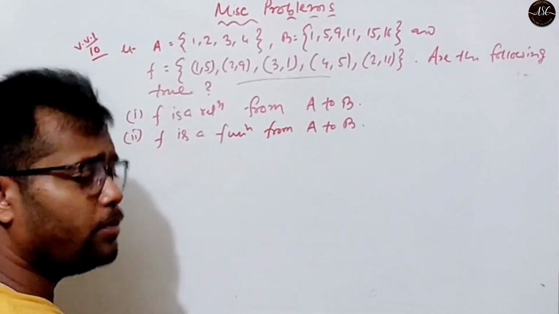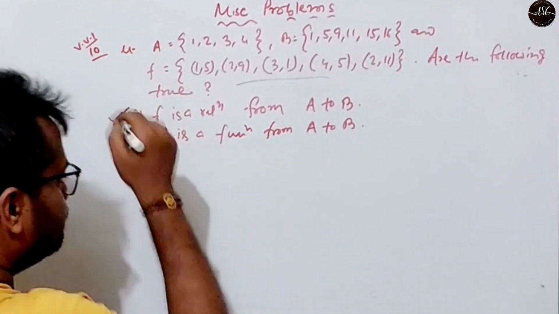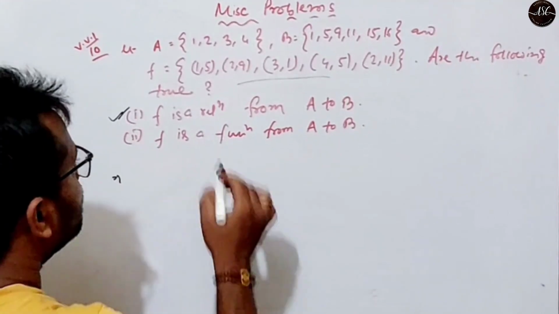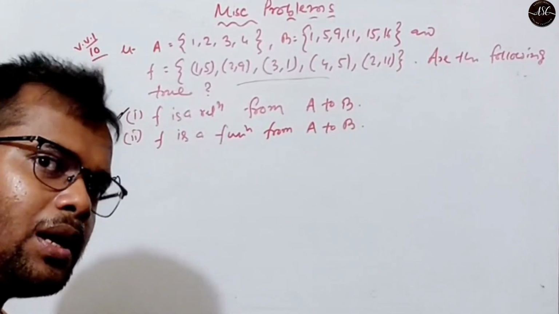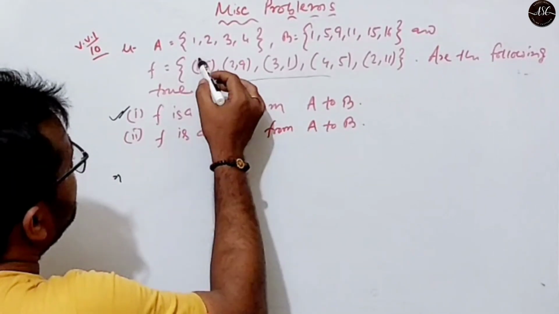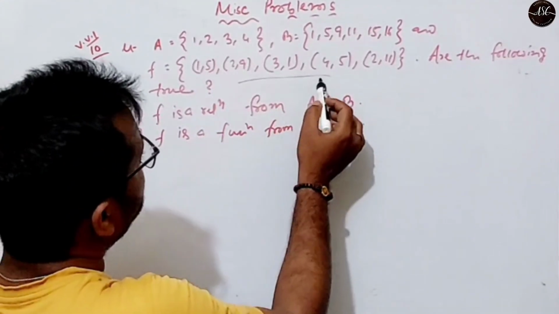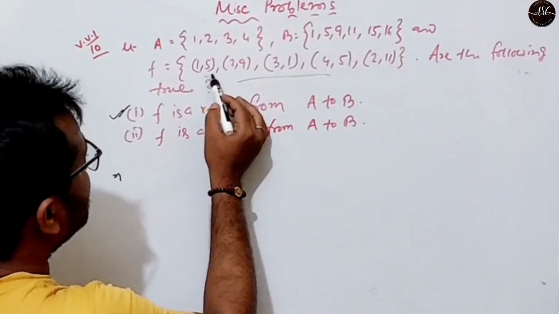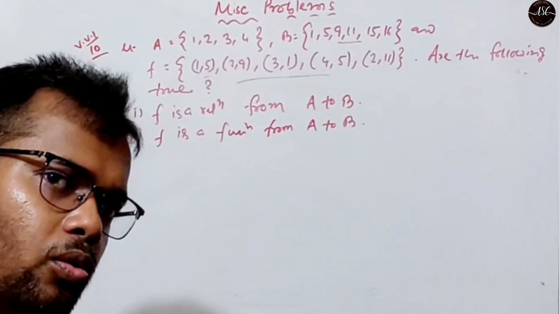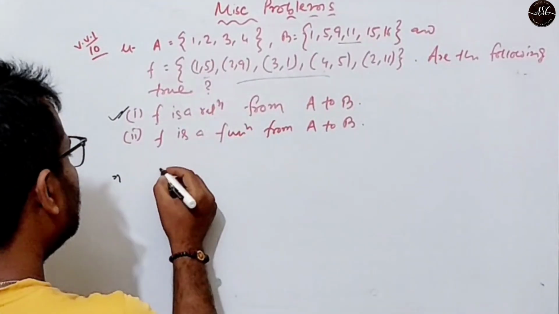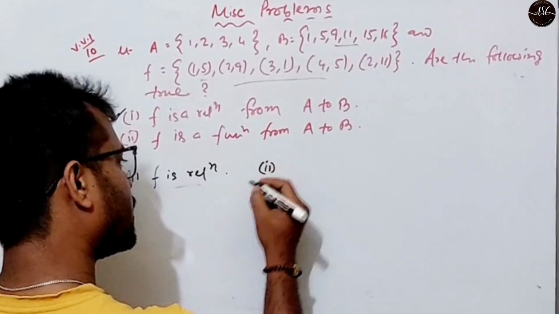First, f is a relation from A to B, and second, f is a function from A to B. Looking at question number 1, the elements of f are ordered pairs, and the first elements are taken from A, and the second elements are taken from B. So by the definition of relation, we can show that f is a relation.